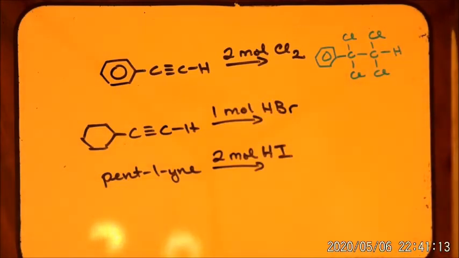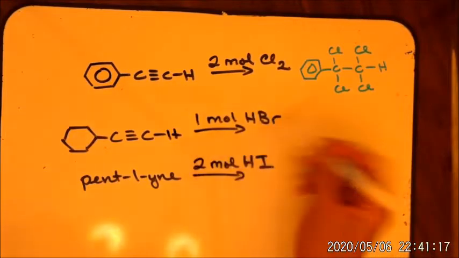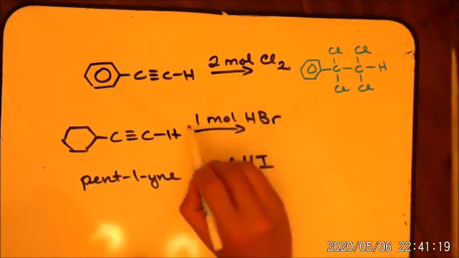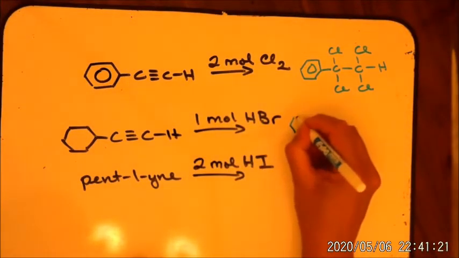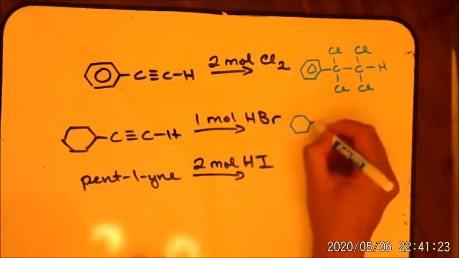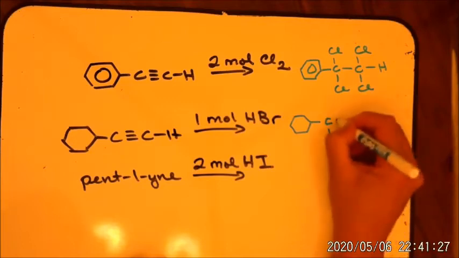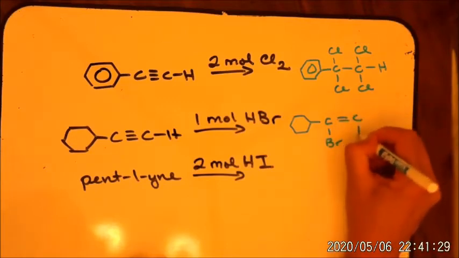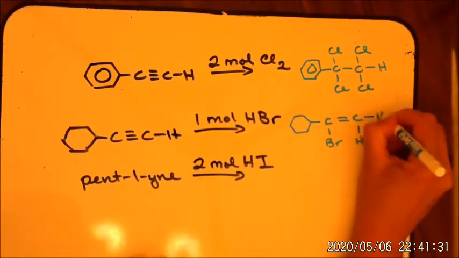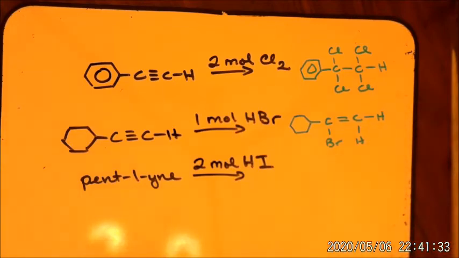Okay, so that's what you're going to get for your product. This one, remember, it's going to be a Markovnikov addition, but it's only 1 mole of HBr, so you're going to get an alkene. So you're going to get a vinyl bromide.